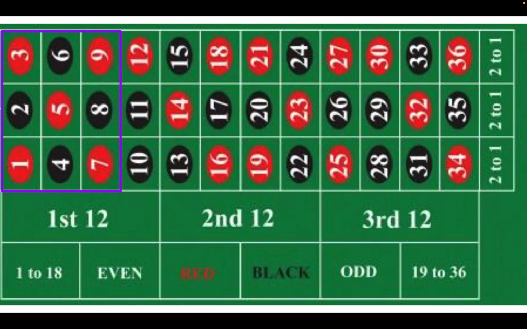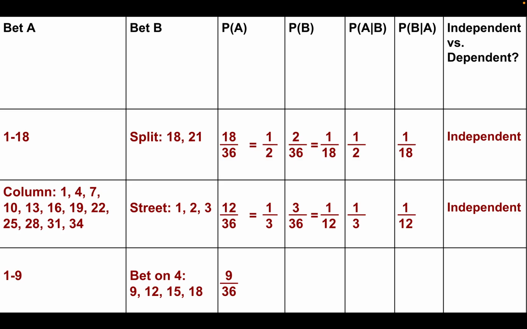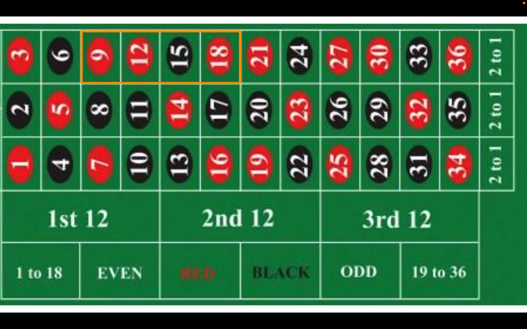Okay, so here's my bet on 9 numbers. That'll give me a 9 out of 36 probability of winning, or 1 out of 4. My bet on 4 numbers, again, you can see this is not a corner bet because I'm betting on 4 numbers in a line, not 4 numbers in a square.